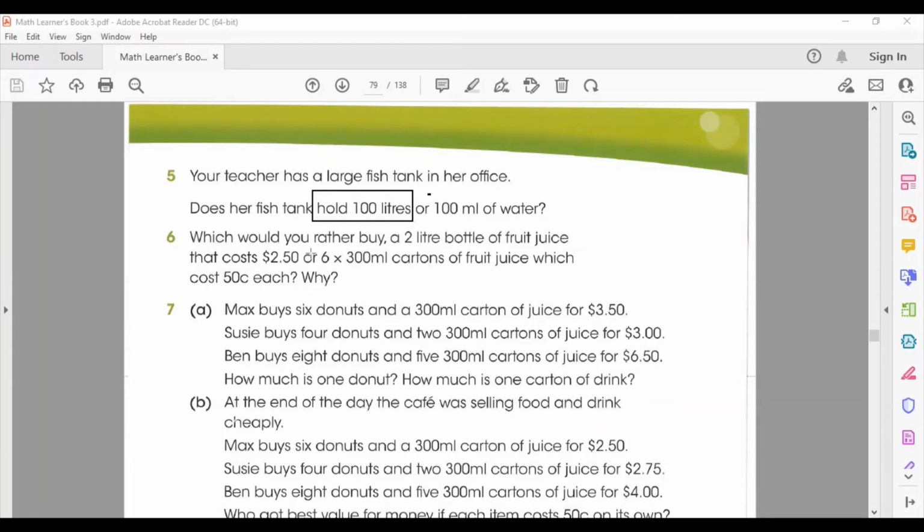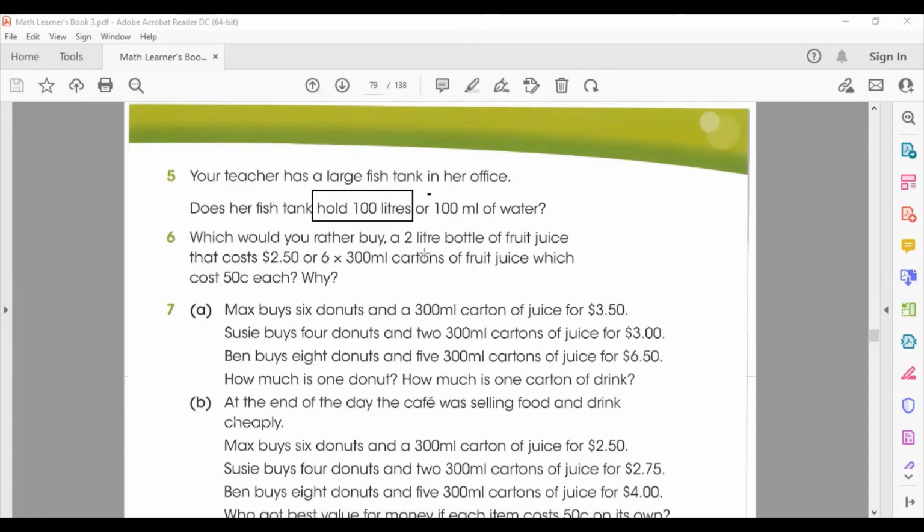Which would you rather buy? A 2 liter bottle of fruit juice that costs $2.50. So 2 liters equals $2.50, and 2 liters means 2000 milliliters. And the second part, 6 multiplied by 300, cartons of fruit juice which cost 50 cents each. Which one is better?